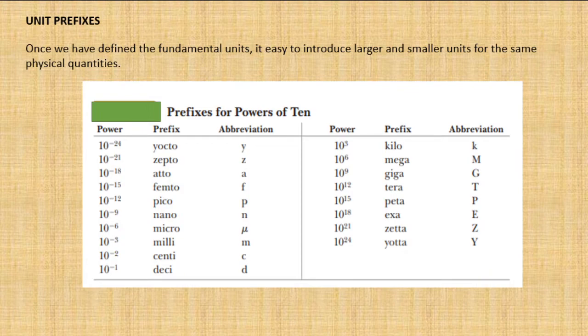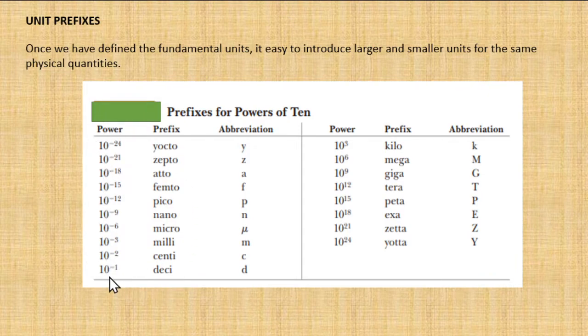So, lisod kaayo nga ato gyud isuwatan ang tanang decimal or tanang number. So, dapat mag-base ta sa unit prefixes, no? So, para madali ang ato ang calculation sa usa ka problem. So, we have prefixes for powers of 10. So, in each power, we have kanang abbreviation and mga name nila.